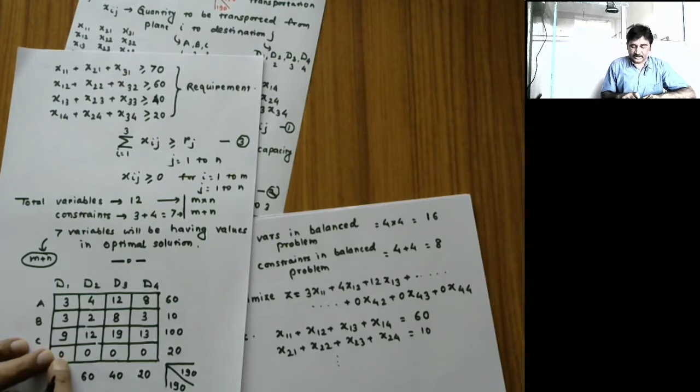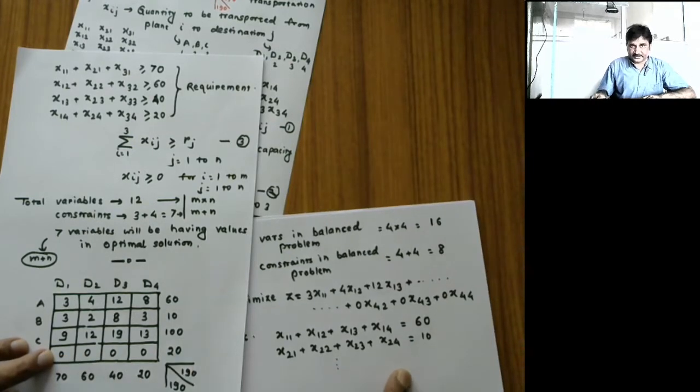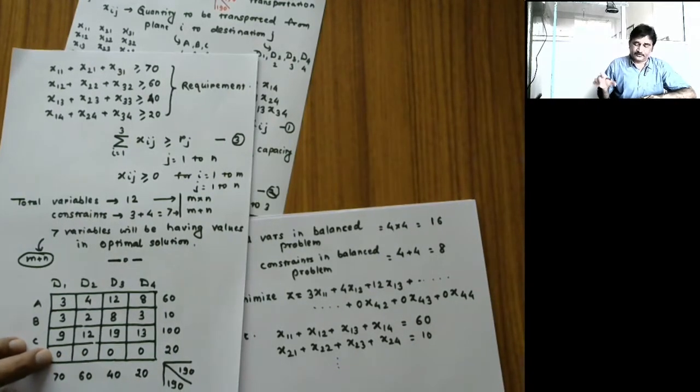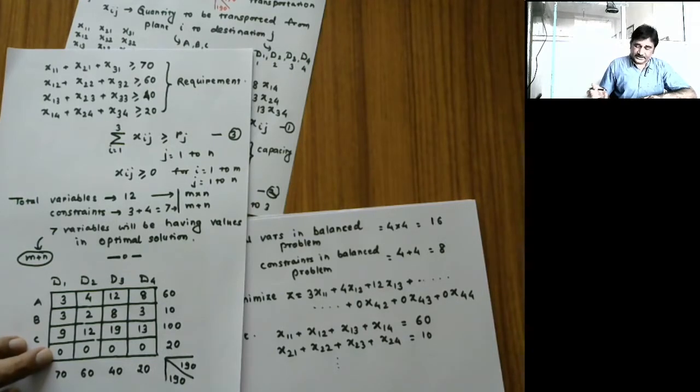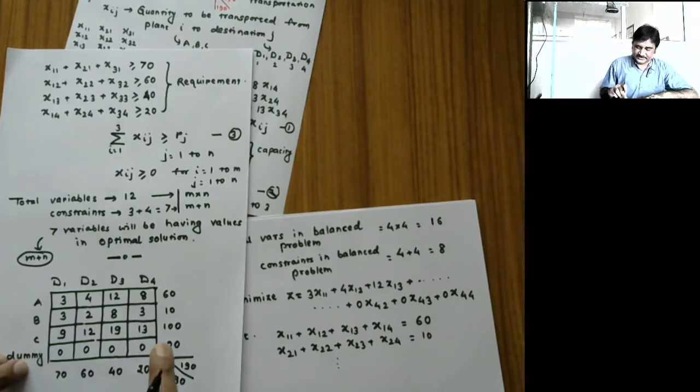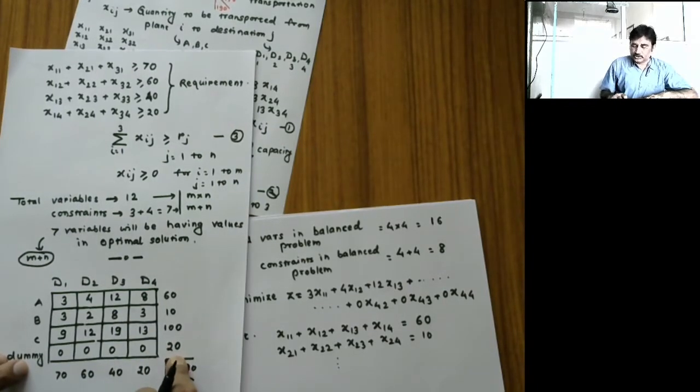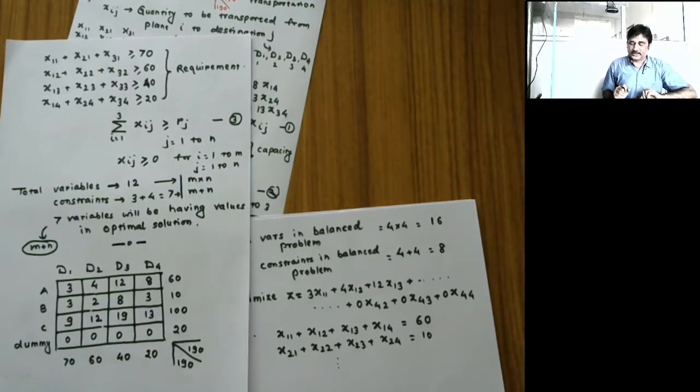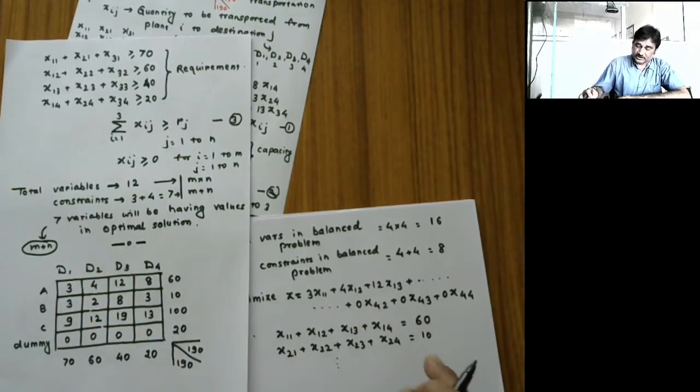It is not because of this coefficient that I am writing that constraint. I am writing that constraint for the total quantity to be transported from dummy to all destinations, which should be equal to 20. So it will come like x41 plus x42 plus x43 plus x44 is equal to 20. These are costs, not the multipliers to be used in this constraint.